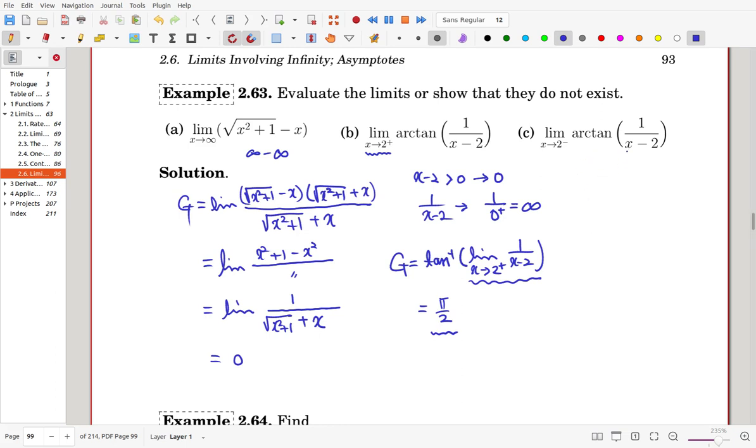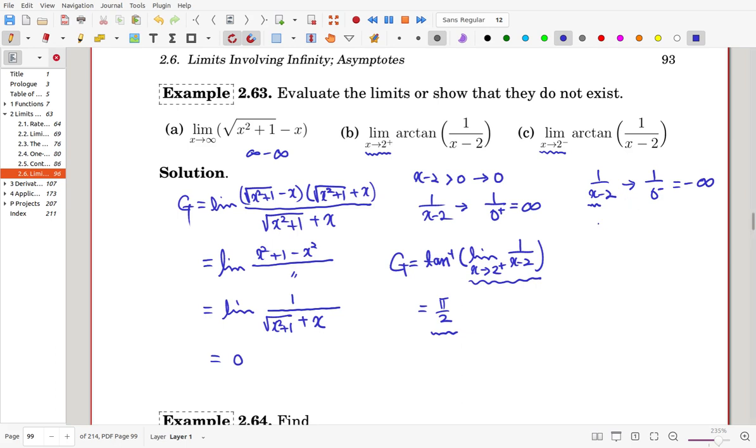For this problem, it is the same way, but x is approaching 2 from the left. So x is smaller than 2 but approaching 2, and 1 over x minus 2 is approaching 1 over 0 minus, which is minus infinity, becoming infinity in the negative direction.